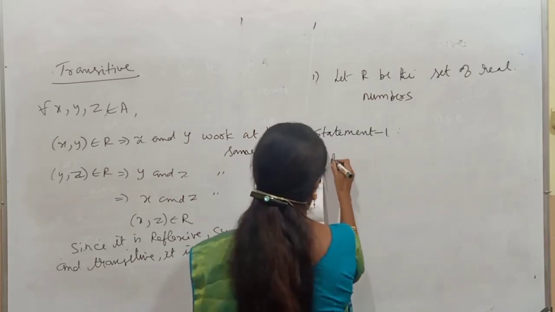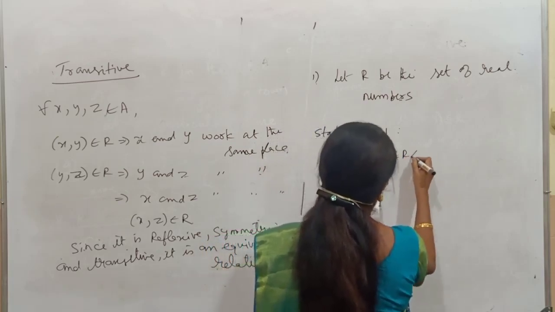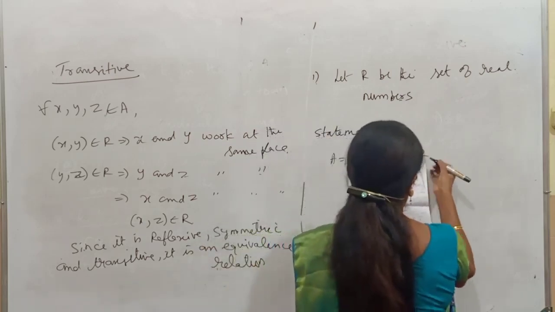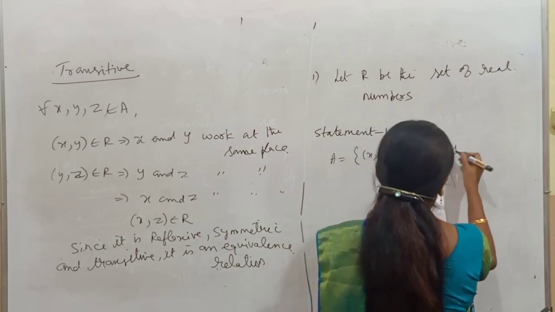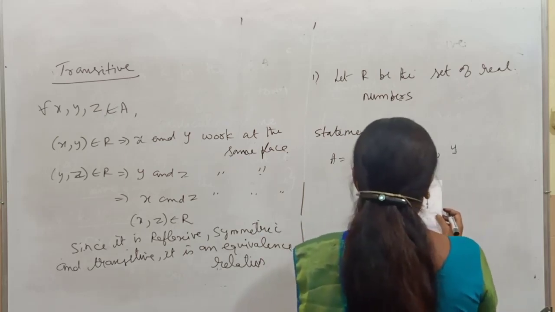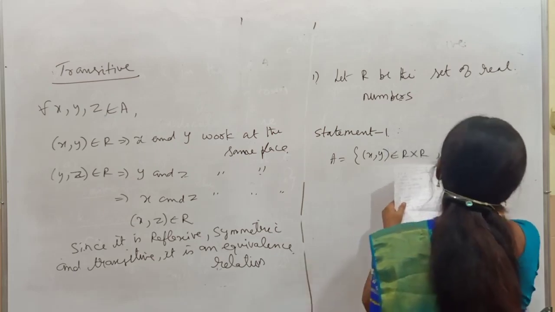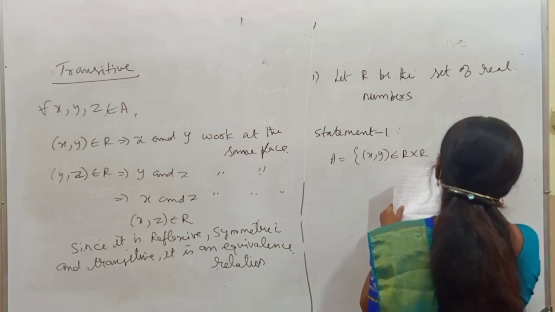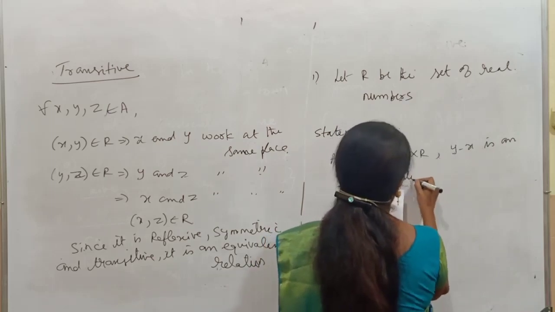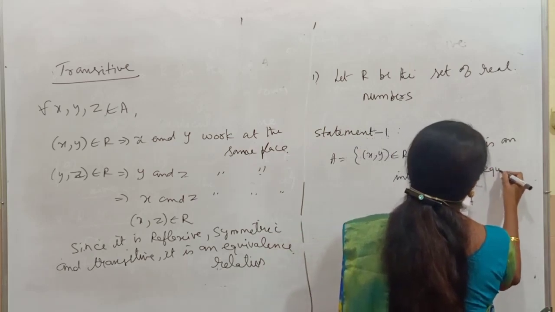I'll write statement 1 here. A equal to {(x, y) belongs to R cross R}, both x and y belonging to the real numbers, such that y minus x is an integer, is an equivalence relation.